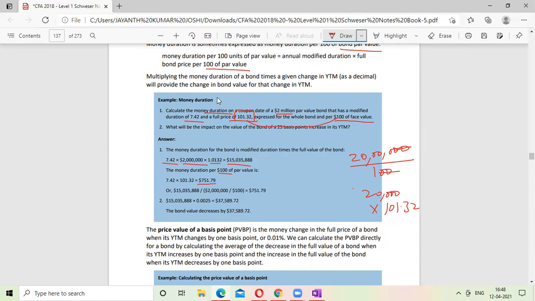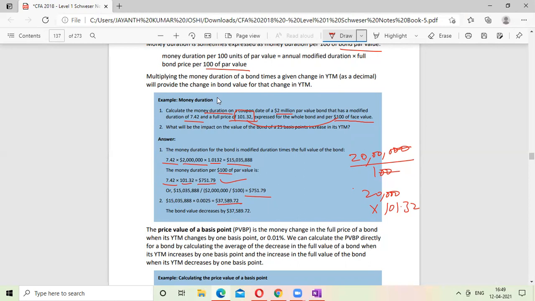Now, what does it mean? That is 7.4 modified duration times the full price of the bond. This is per $100 par value. Or you get this also, as I already explained. So 37,589.